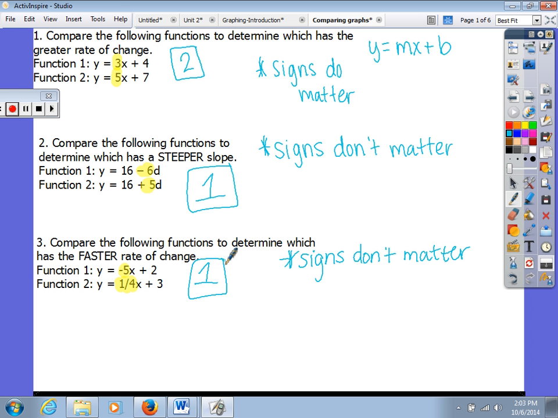Yes. So greater is the only one where sign matters. Y'all got that? Because with greater, you're actually talking about number-wise. Everybody understand? But steeper and faster, it doesn't matter the direction that the line is pointing. All that matters is what the line is doing itself. Okay? Let's go ahead and move on to our next slide.